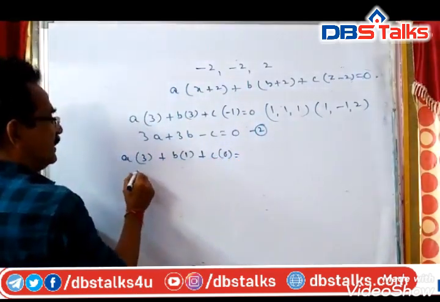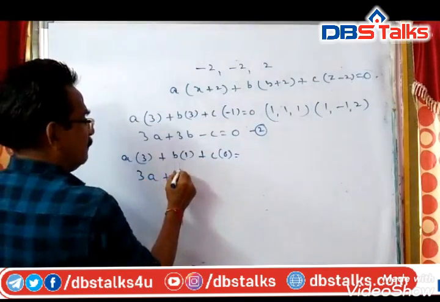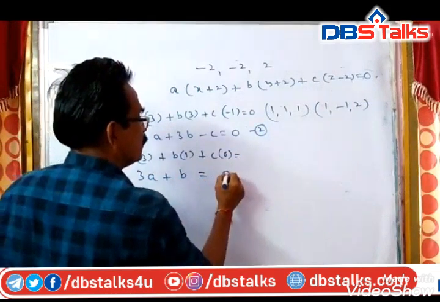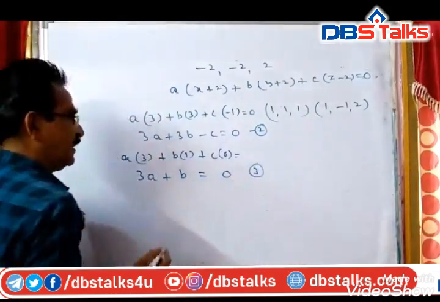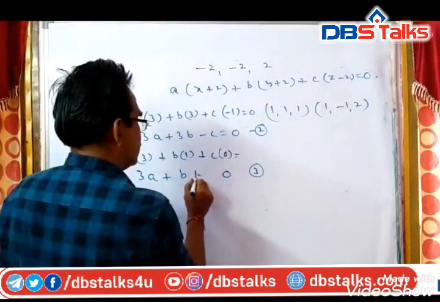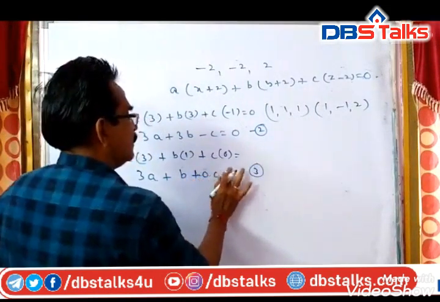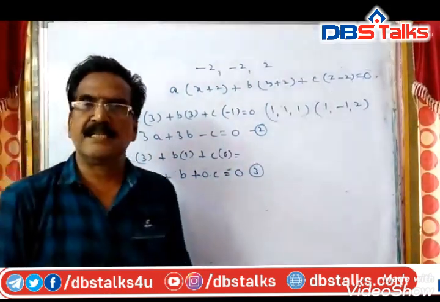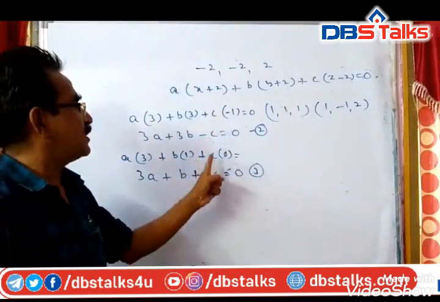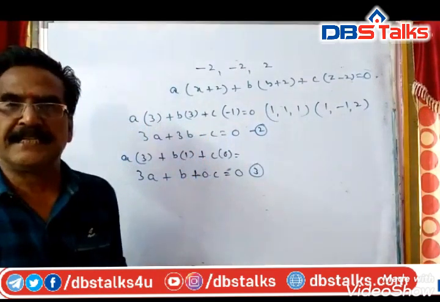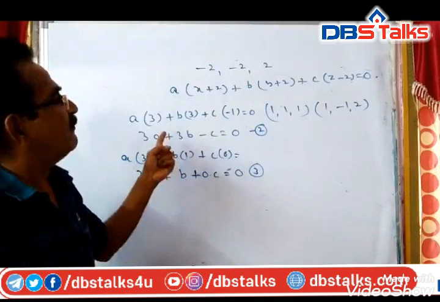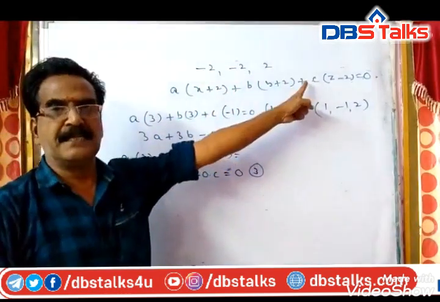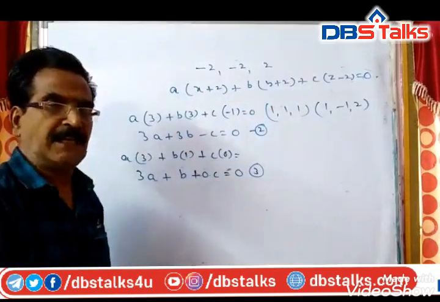It implies 3a + b = 0. This is equation 3, or 3a + b + 0c = 0. This is another equation. We can solve these 2 equations by the cross multiplication method and find the values of a, b, c, and by substituting a, b, c here we can get the equation of the plane.